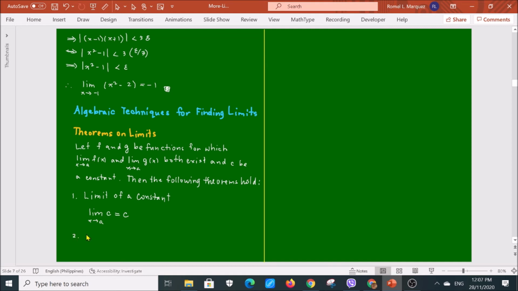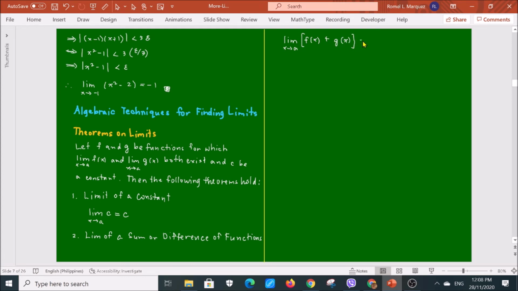The second theorem, limit of a sum or difference. If you have a sum or difference of functions, how to get the limit? So we have limit as x approaches a of, let's say, f of x plus g of x.